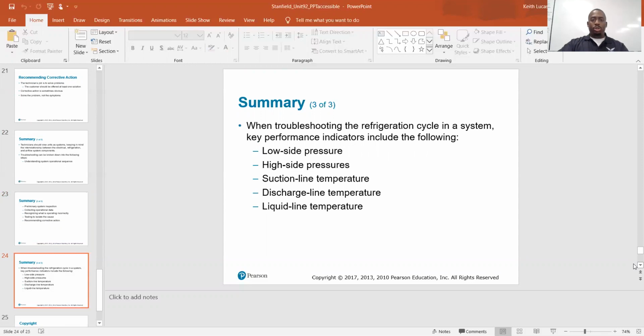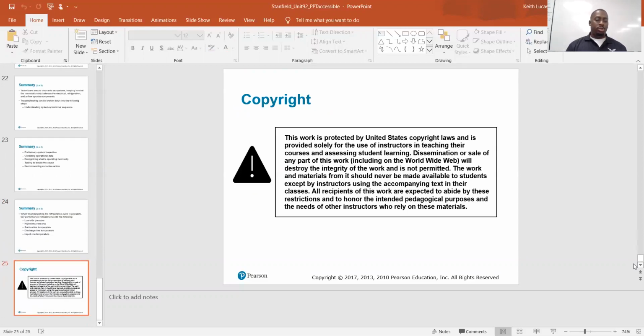When troubleshooting the refrigeration cycle in a system, key performance indicators include the following: low side pressure, high side pressure, suction line pressure, suction line temperature, discharge line temperature, and liquid line temperature. Those are all the things that you're going to use to do your troubleshooting.